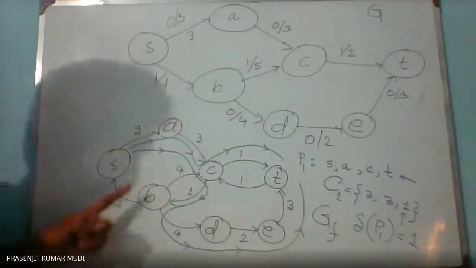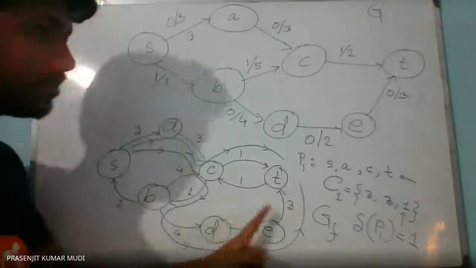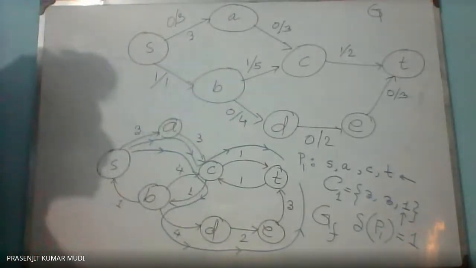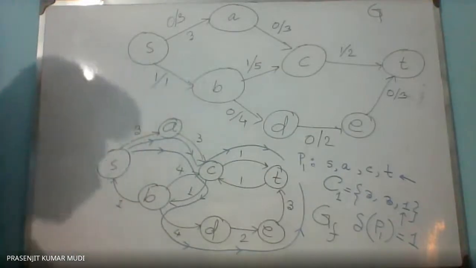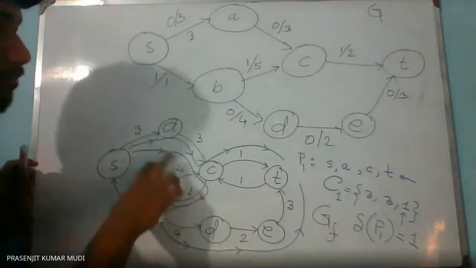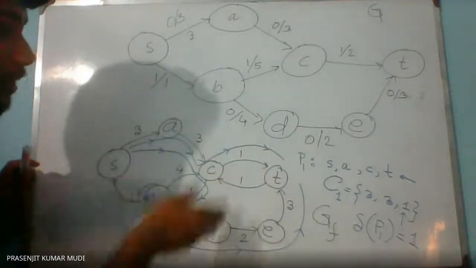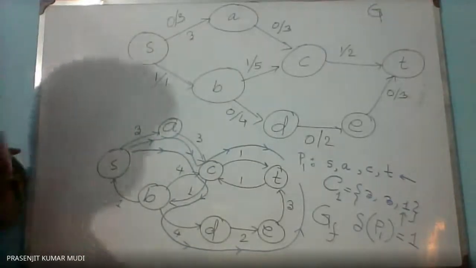So you can select P1 as the augmenting path or P2 as the augmenting path. But let's select P1 as the augmenting path and move on, because P1 has 3 edges whereas path 2 is longer as compared to P1.